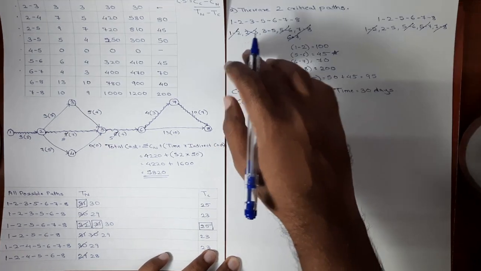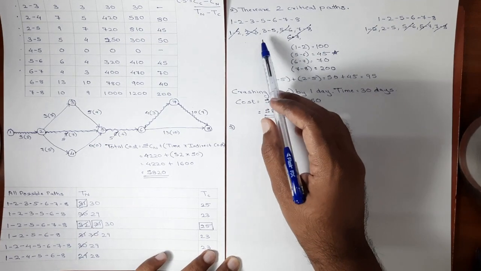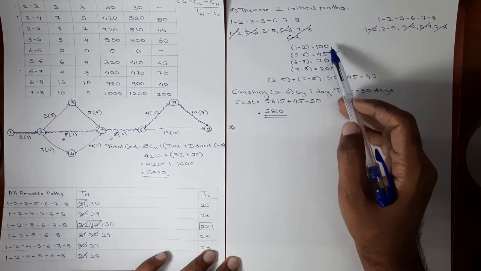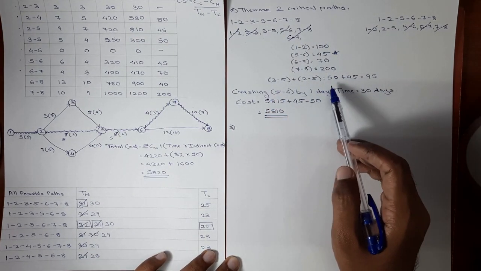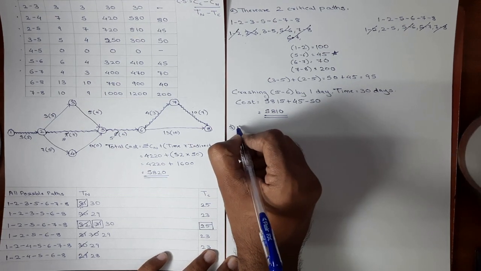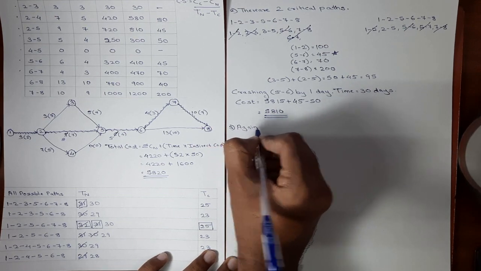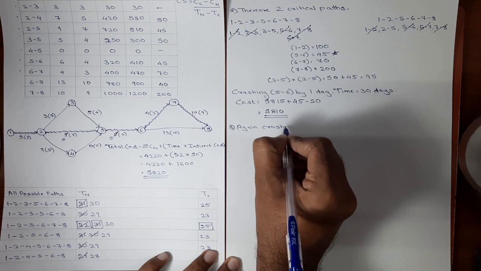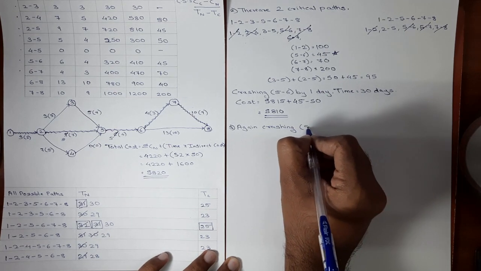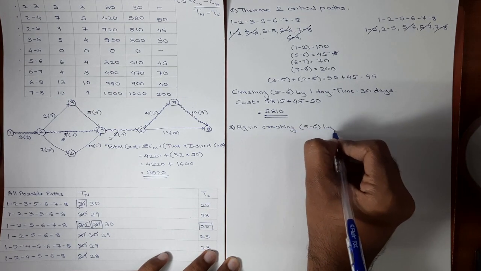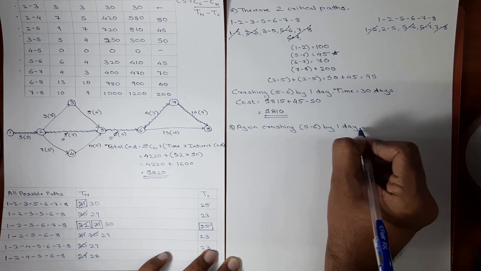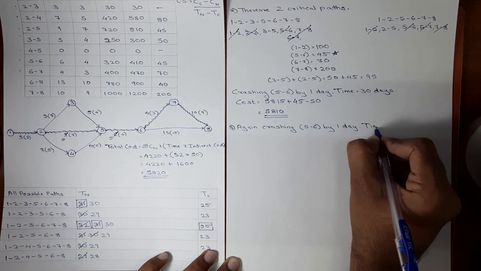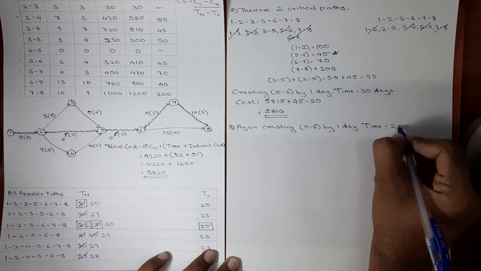So instead of writing the two paths again, listing out the independent activities, finding out the common activities and making the combinations, I'll just write it over here. Again, crashing activity 5, 6 by one day. Now the time will again be reduced from 30 days to 29 days.